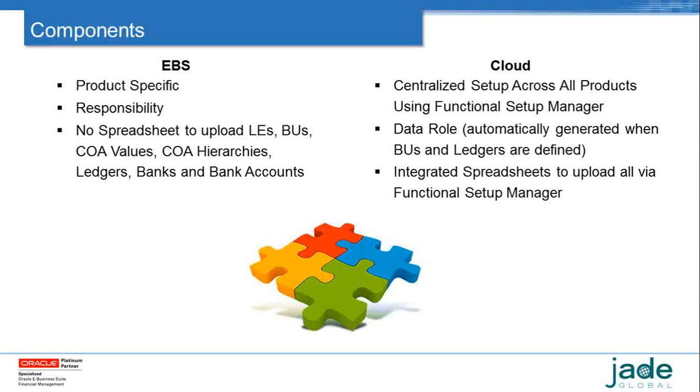The first difference is that the components go beyond Fusion Financials, but they really pertain to Oracle Fusion products also. When you set up R12, setups are product specific. Fusion has a tool called FSM, that is, Functional Setup Manager.